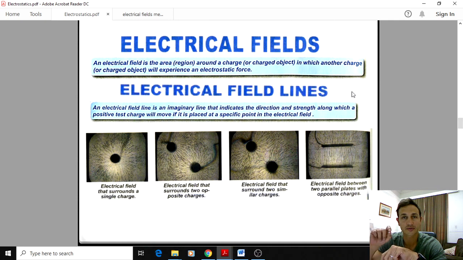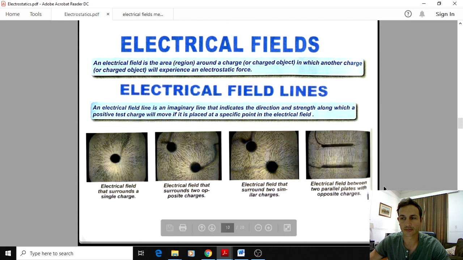A positive test charge will, in any electric field, move away from the positive towards the negative, and that is exactly how electric fields work as well. Here are some examples of what electric fields look like, but there are nicer diagrams on the next slide. So let's move on.